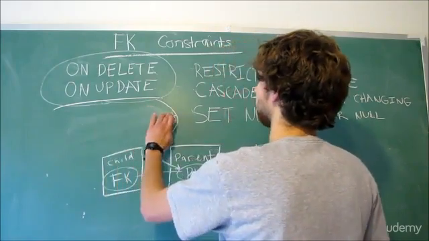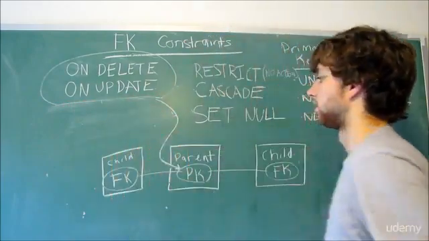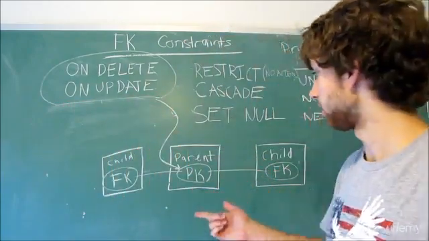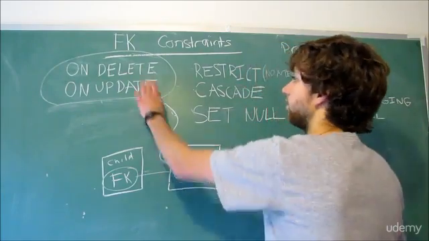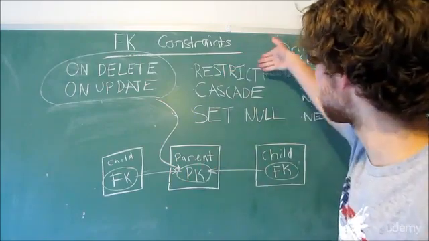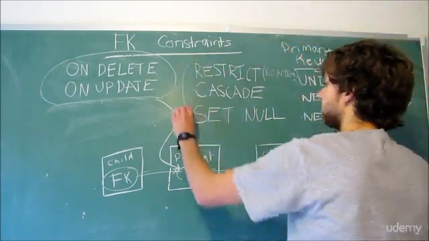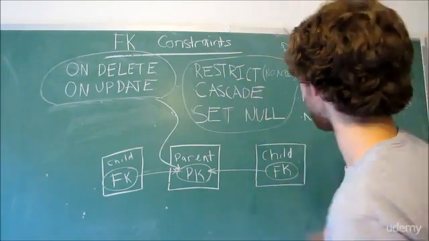I want it to be peaceful. Okay, so this is how it's working. Foreign keys point back to the primary key. These options refer to what happens to the parent. Now these options right here, these refer to what happens to the child.